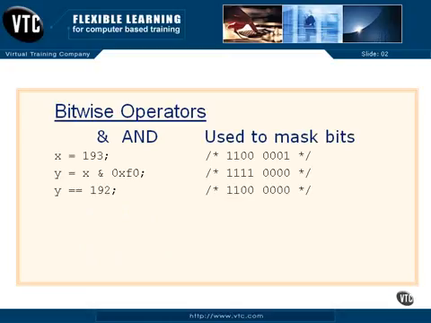So let's say X has a value of 193. This is 193 in binary. This means that these bits are set, 128 and 64, and a 1 down here gives us the value 193 in binary. We're going to have a new variable called Y set to X ANDed with a hexadecimal value F0, 0xF0.